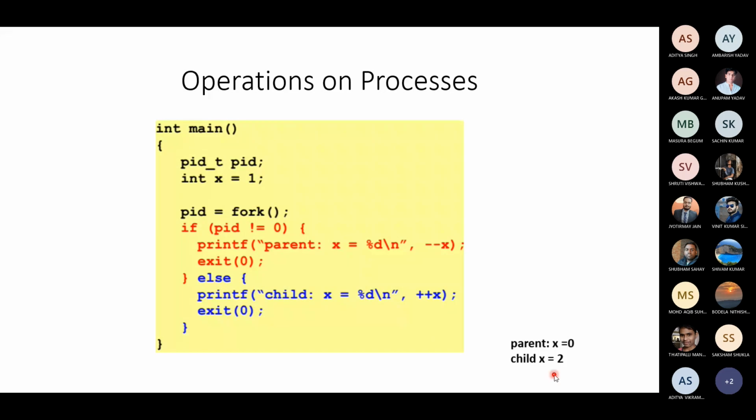Don't confuse this with function values and addressing. You would have studied that in C programming. This is slightly different from function calling. You have to see this program as two processes because of the fork system call. Till the fork is called, whatever the values above, they will be the same in both processes.